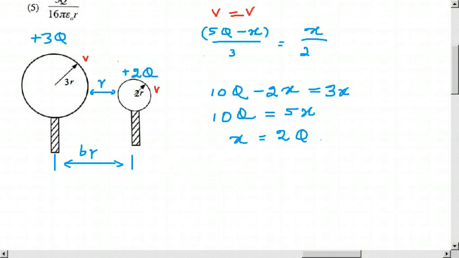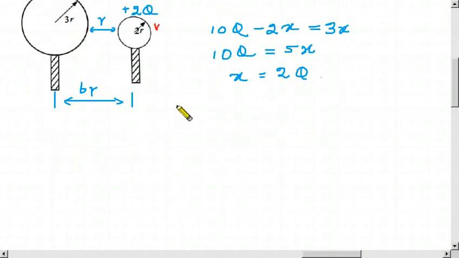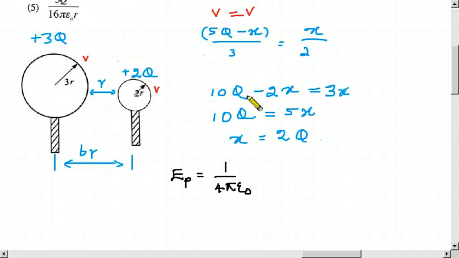Then equation for energy. Positive 3q times, you have to write the sign of the charge, otherwise they didn't give marks in the essay paper if the sign does not appear in the equation.